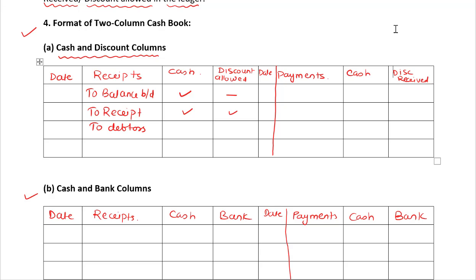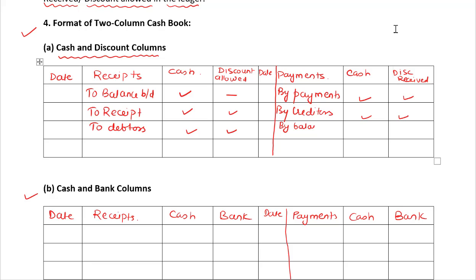There would be few debtors who will be making the payment and taking some discount also. In terms of payments, we have several payments, so we could write by payments. Then there would be several creditors to whom we are making the payment. And at last we have closing balance.